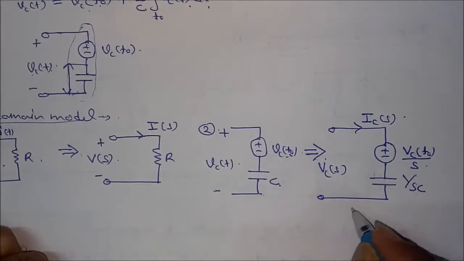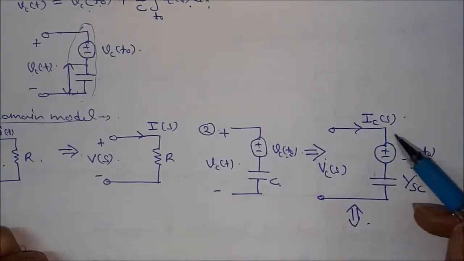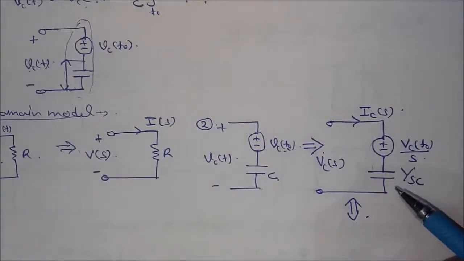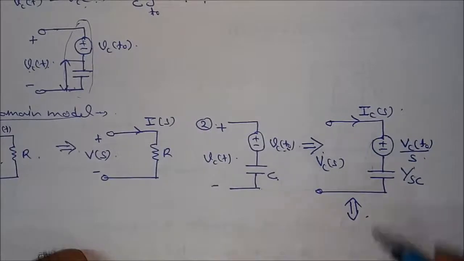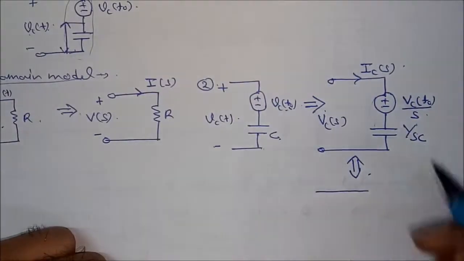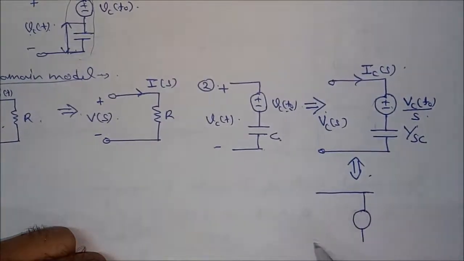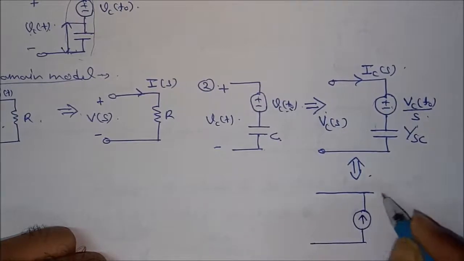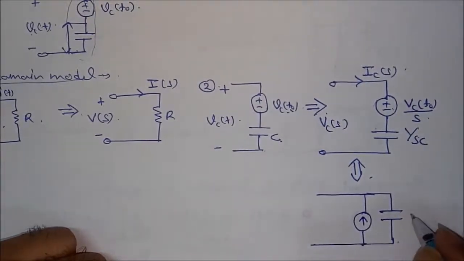This is the Laplace domain equivalent circuit represented as a voltage equivalent. Now we know that a practical voltage source can be converted into its equivalent practical current source. So by using source transformation, this circuit can also be represented like this. We convert the voltage into a current source, and the capacitor will be here with value 1 by SC.